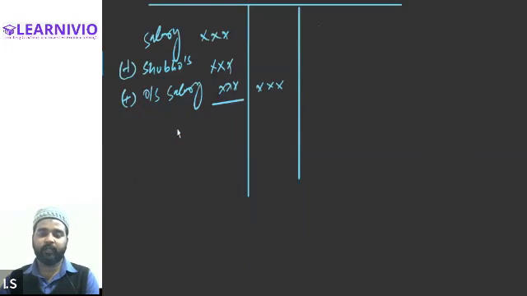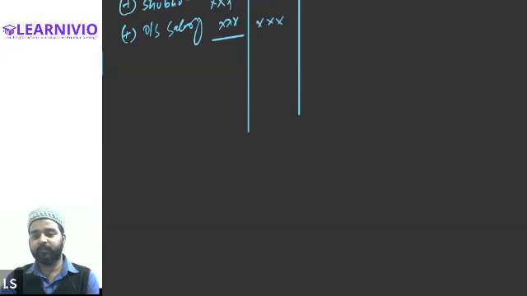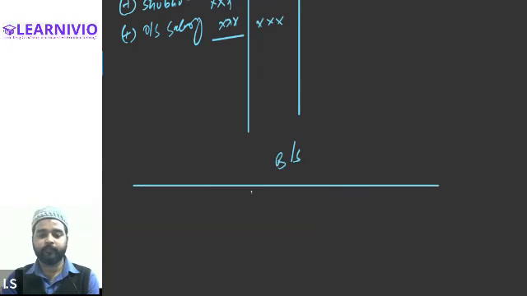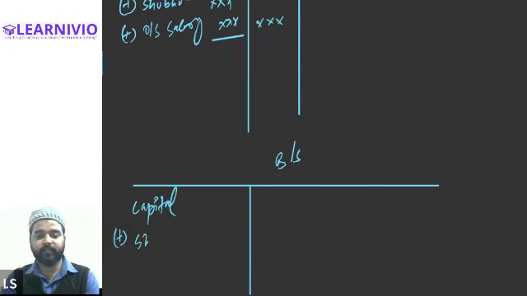All right. And again, when we prepare the balance sheet, we will write Shubho's salary, adjusting it with the capital. We will add Shubho's salary in the capital, because ultimately this salary belongs to the owner of the business, and Shubho is the owner.